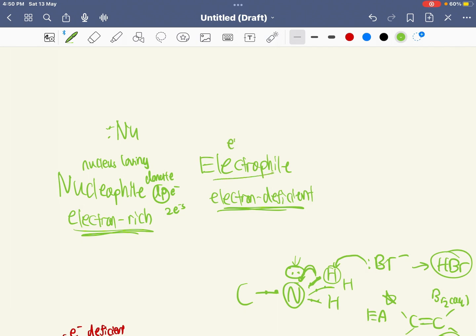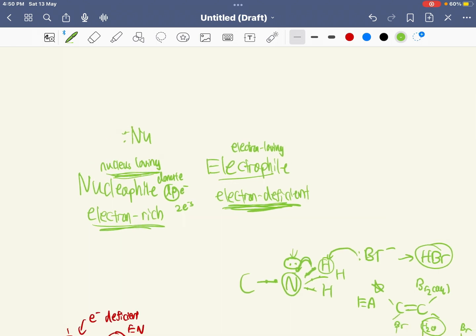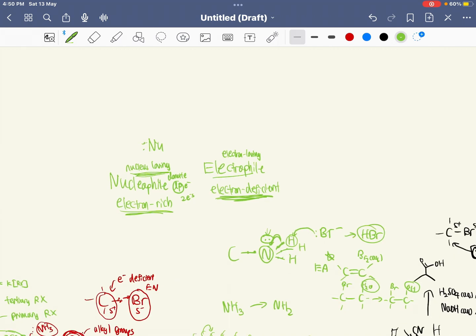Electrophile means I am electron loving, meaning I lack electrons. So I need to get electrons, meaning I am electron deficient. Nucleus loving means I have so many electrons, I want to give them away to the nucleus. So this is the difference between a nucleophile and an electrophile.